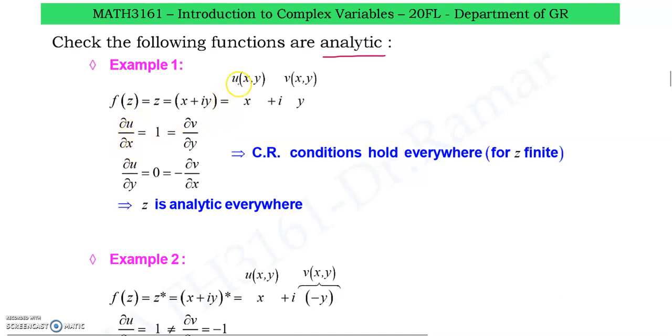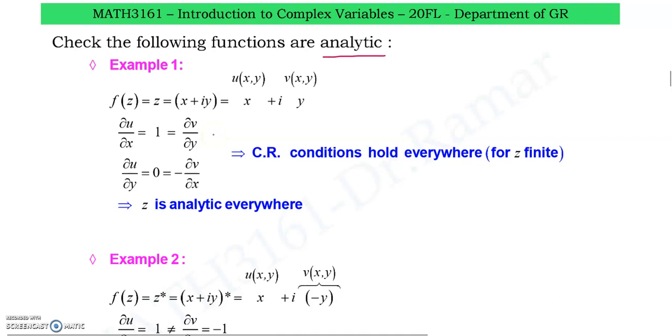What is u? u is equal to x. You differentiate with respect to x, you will get 1. Similarly you differentiate v, which is y, partially with respect to y. What is the answer? 1. So ux is equal to vy. So here the first equation of the CR condition is satisfied.